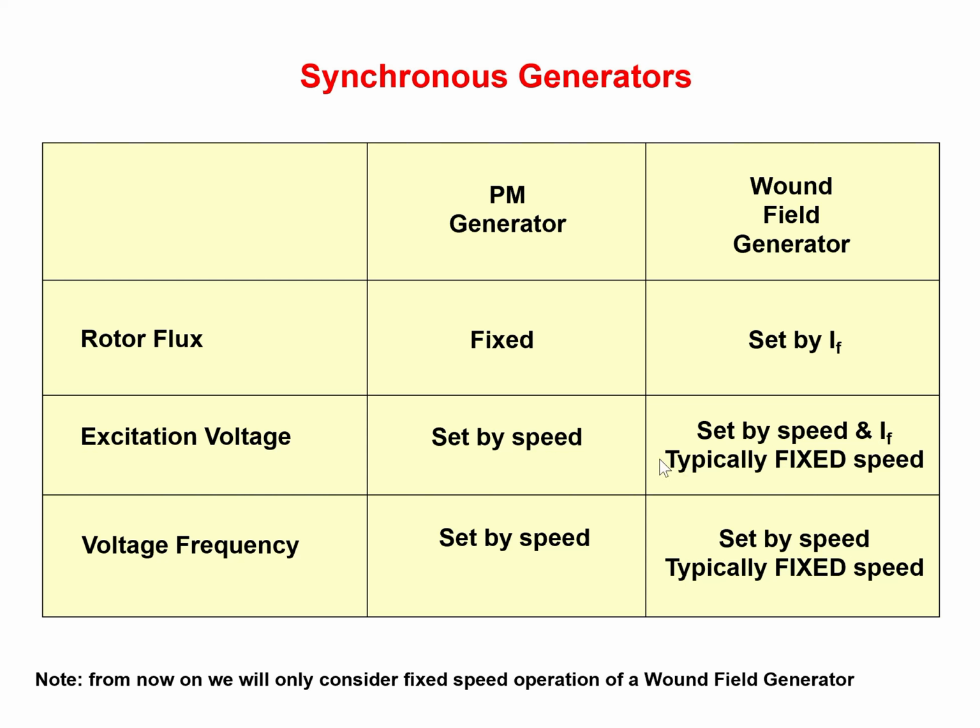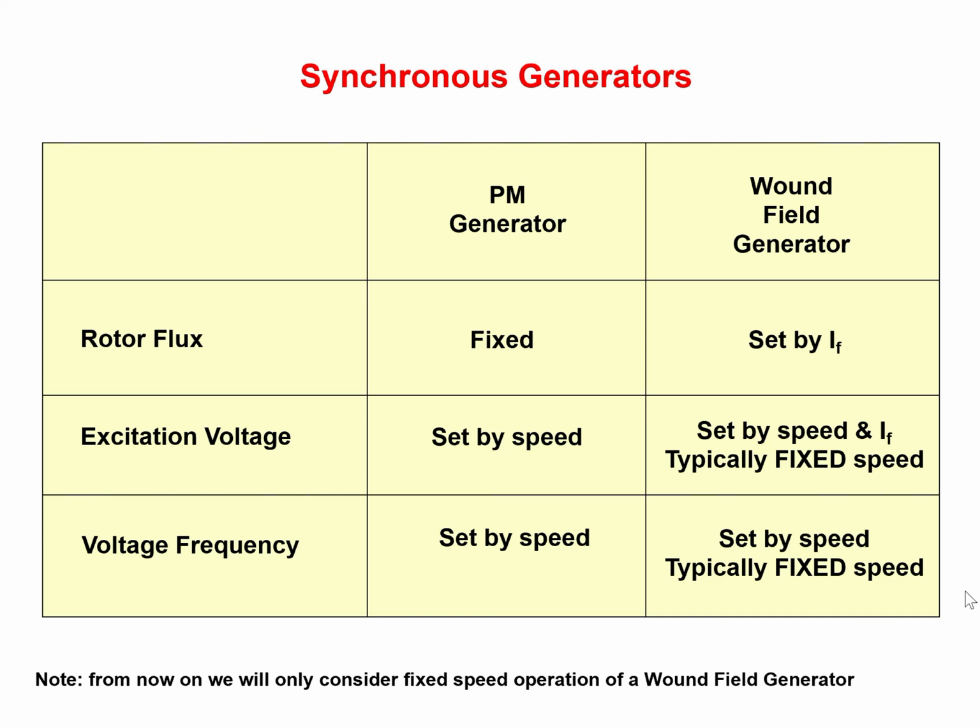However, in the wound field generator, it is set by both the speed and the current, and the speed in this case is typically fixed. The voltage frequency, so the frequency of the electrical voltage output, is set by the speed of the rotor in the PM generator, while in the case of a wound field generator, this is set by the speed, which is typically a fixed speed.